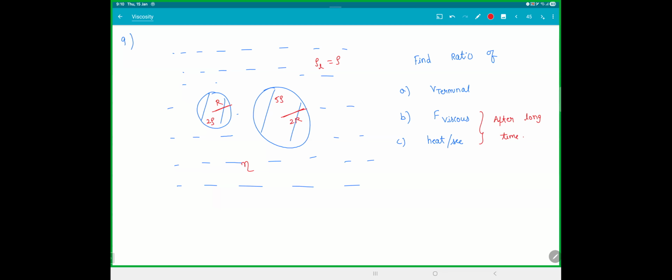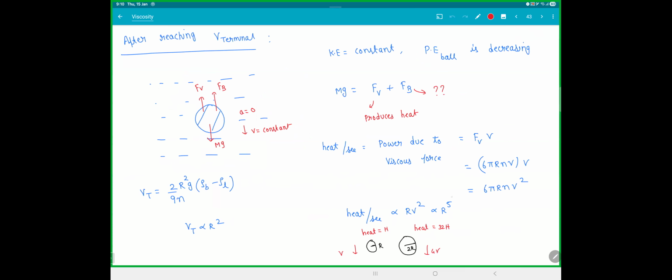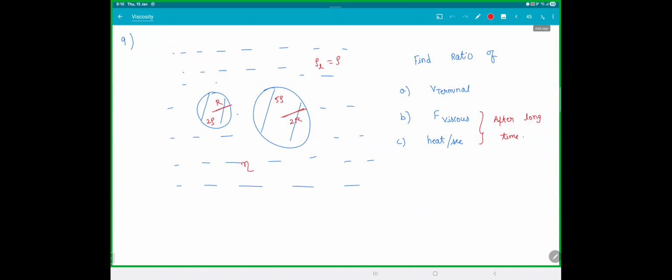Okay, get the remaining also. Samyak, be careful, don't use this R power 5 one. This R power 5 was derived under the assumption that the density of the ball is the same. Rho B minus rho L is not the same. That's what I said, the formula is important. It's not R power 5 here.